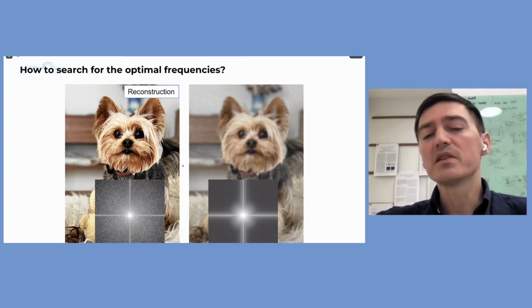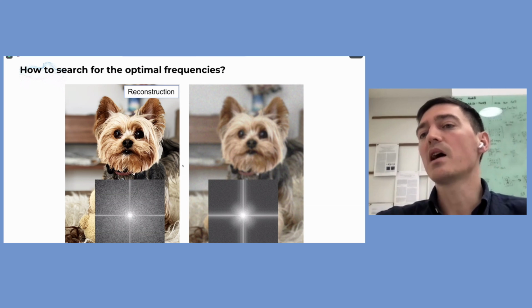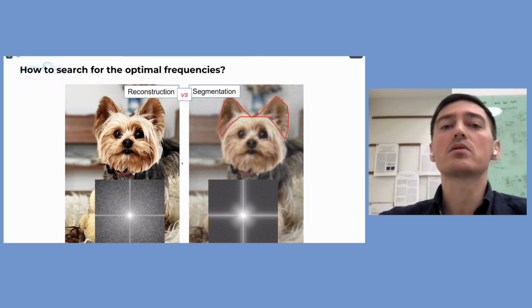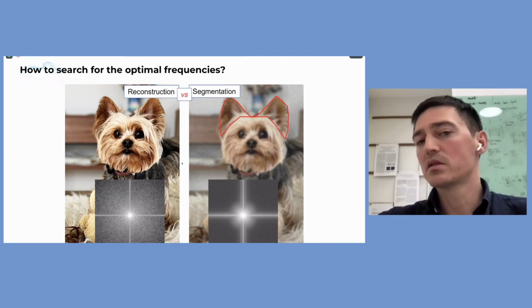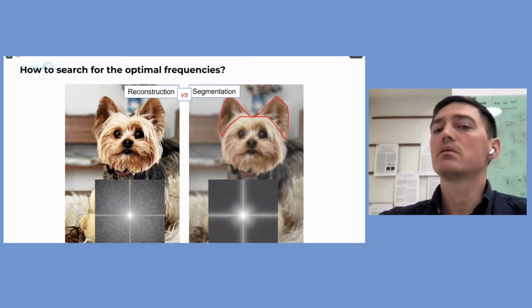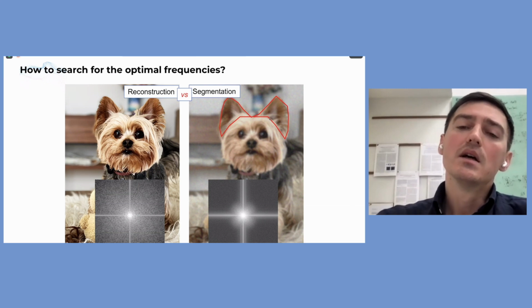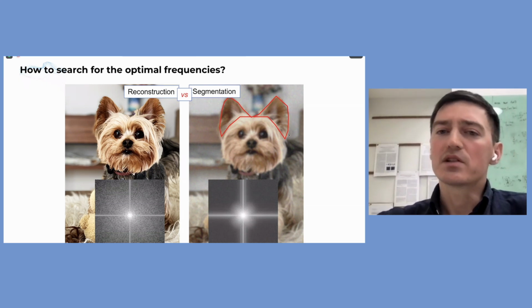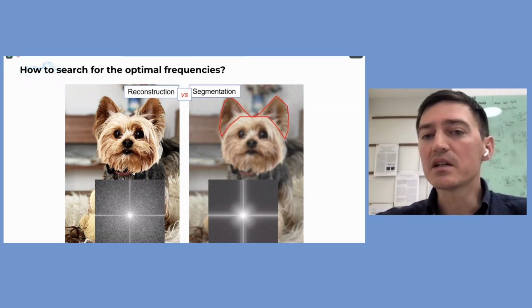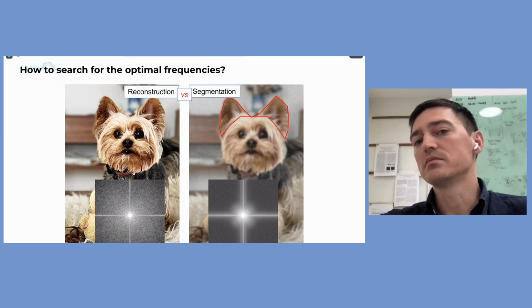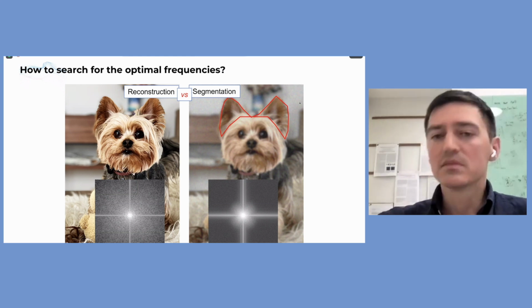However, you obviously know the computer vision task, and perhaps all you're interested in is not reconstruction, but also other metrics, such as segmentation, an example of which is shown here on the image on the right. For example, you want to segment this pair of ears in the dog, right? And you essentially need to provide that annotation.